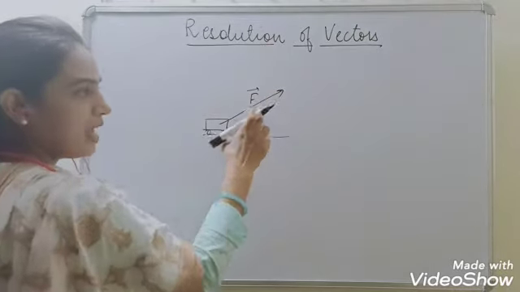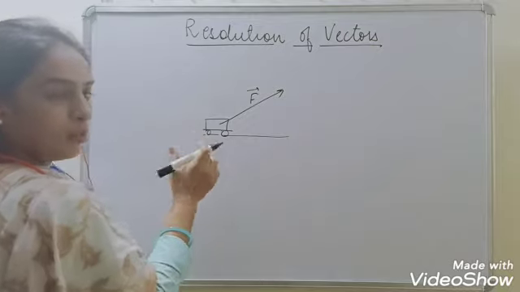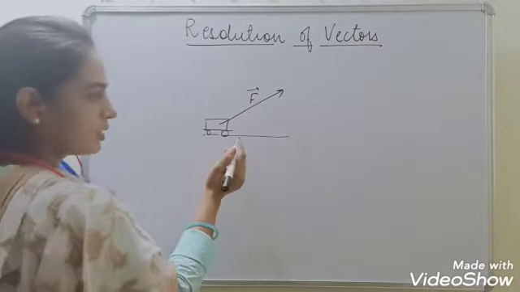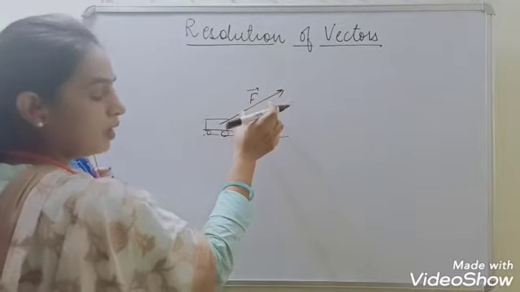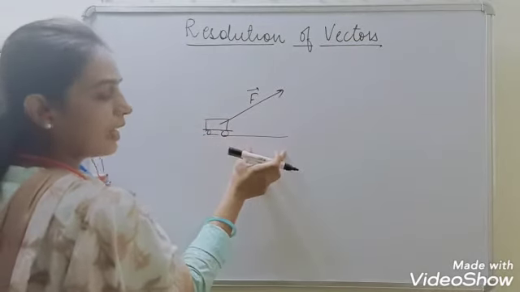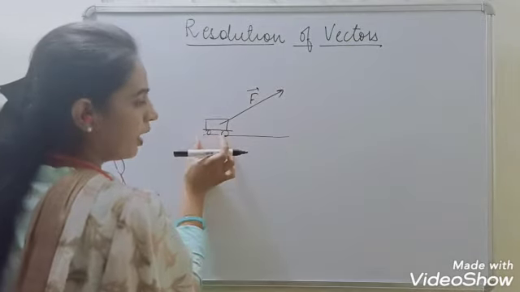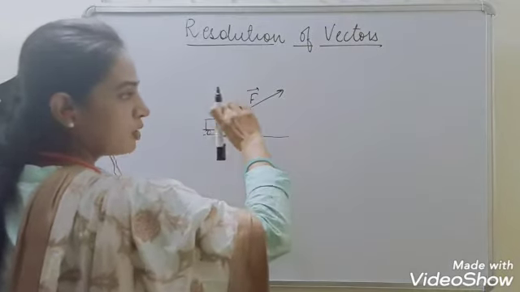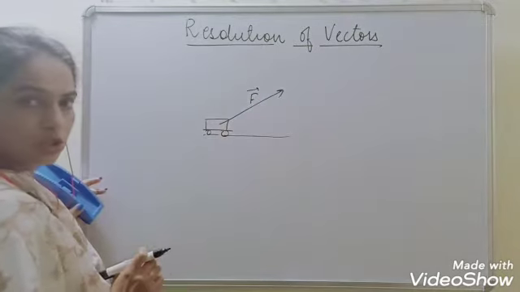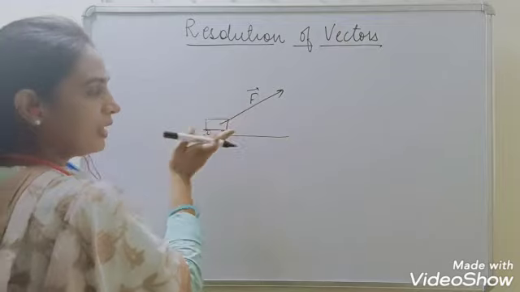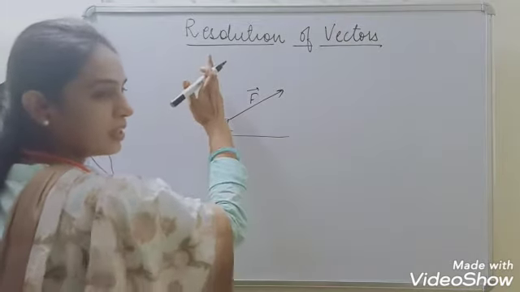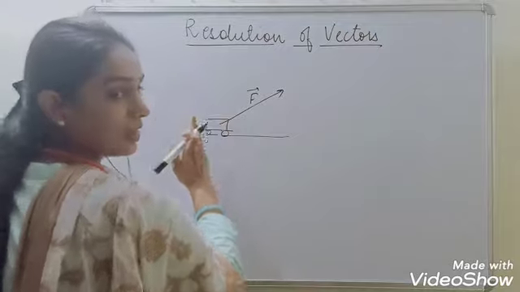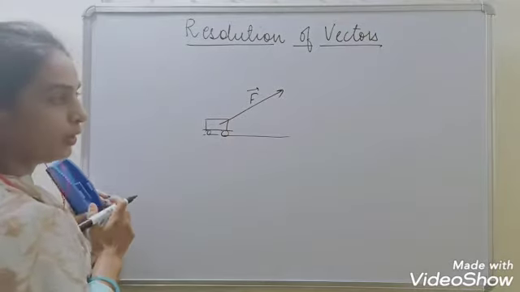Now see, this force F has two components, or we can say that the force is being applied in two directions. If it had been only in the x direction, then it would have moved like this only. But if the force is being applied in this direction, that means it is moving forward as well as being pulled in this manner. That means it has a y component also.